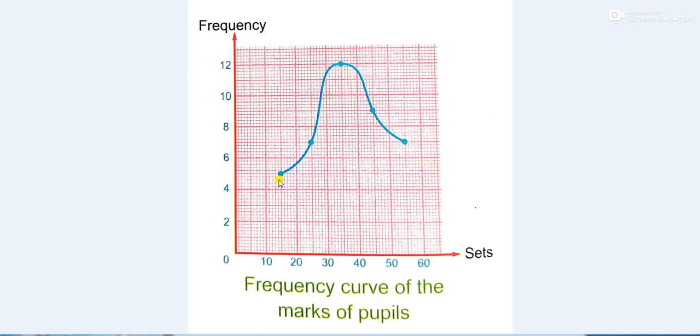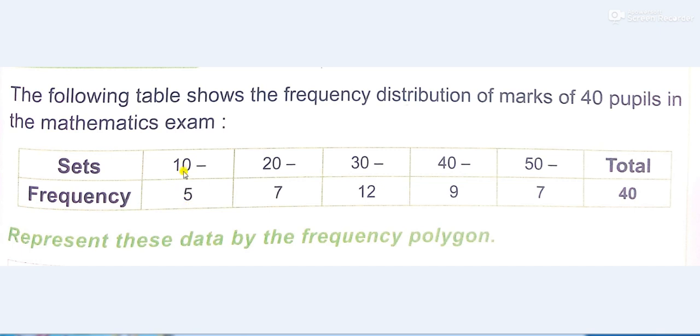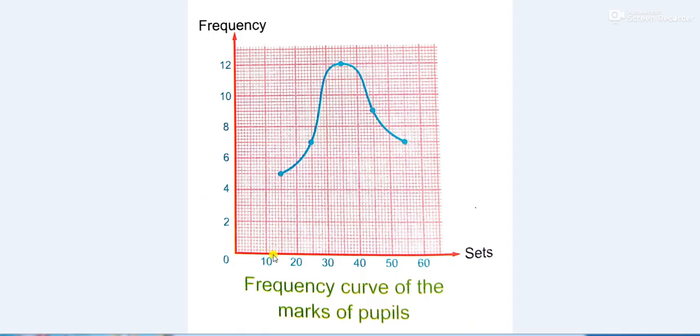Put the point for a frequency of 5: 15 and 5. On the horizontal axis, 15 is between 10 and 20, and for the value of 5 on the vertical axis. Each time we put the point at the center of the set: 25, 35, 45, and 55.